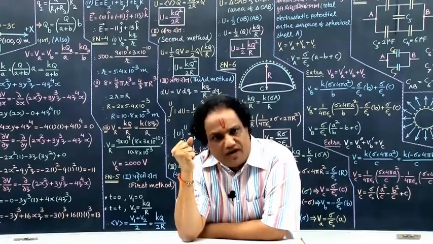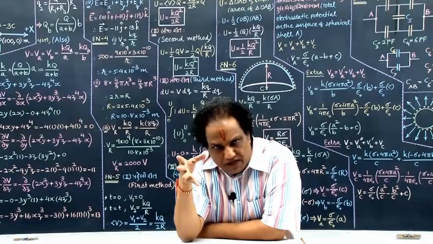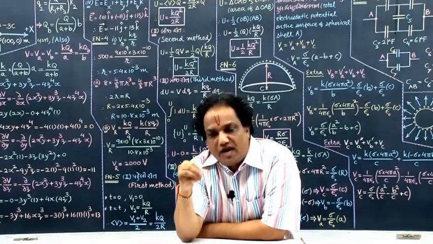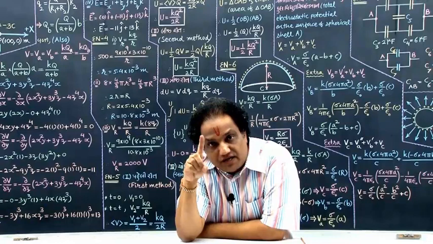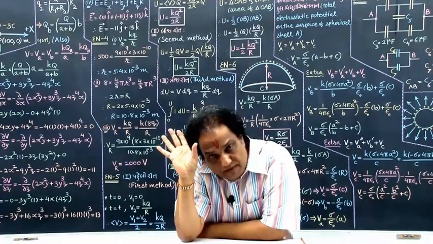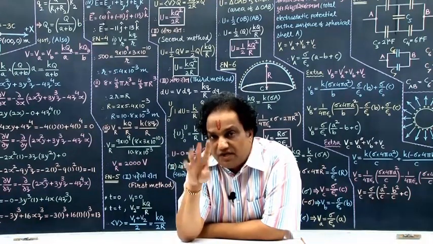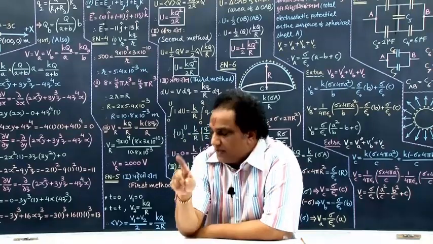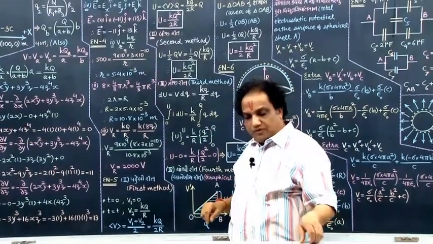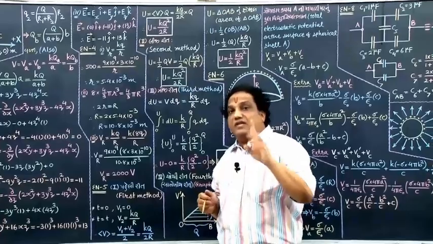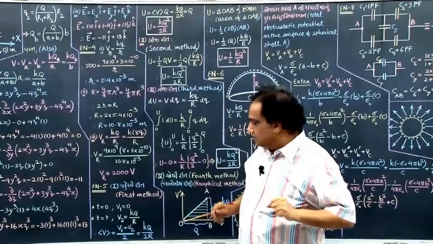Either of these two we have to find out. Either you find out amount of work done or you find out amount of electrostatic potential energy, it is one and same. Okay? Let us find out this result in 4 different methods. First method is about finding average electric potential. I am showing you.